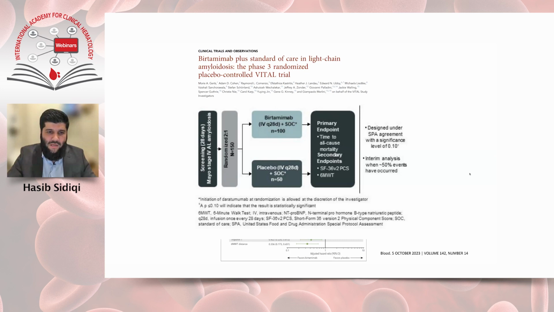So again, this is a randomized controlled trial of upfront therapy in patients with advanced cardiac light chain amyloidosis. It's a placebo-controlled trial, and this is the kind of clinical trial that we really hope will make inroads into the treatment of these patients who, as I mentioned earlier in the talk, often have a median overall survival of well under 12 months.